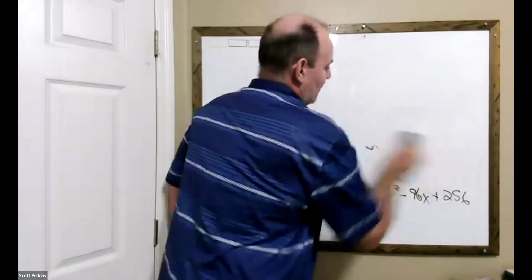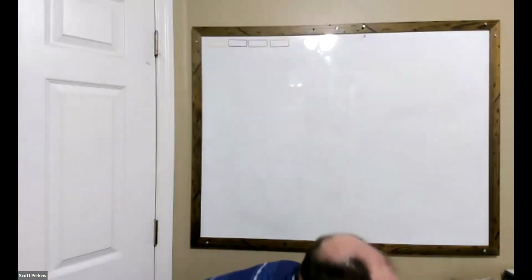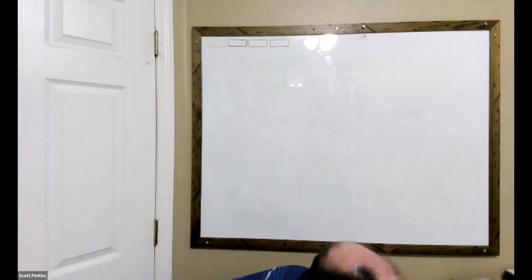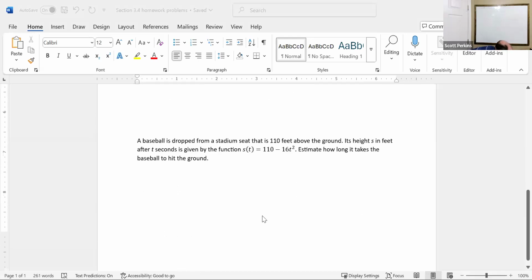All right, the last problem I was sent is a little bit simpler. Again, let me share my screen. So here goes. I'm flipping this down. This last one says a baseball is dropped from a stadium seat that is 110 feet above the ground.